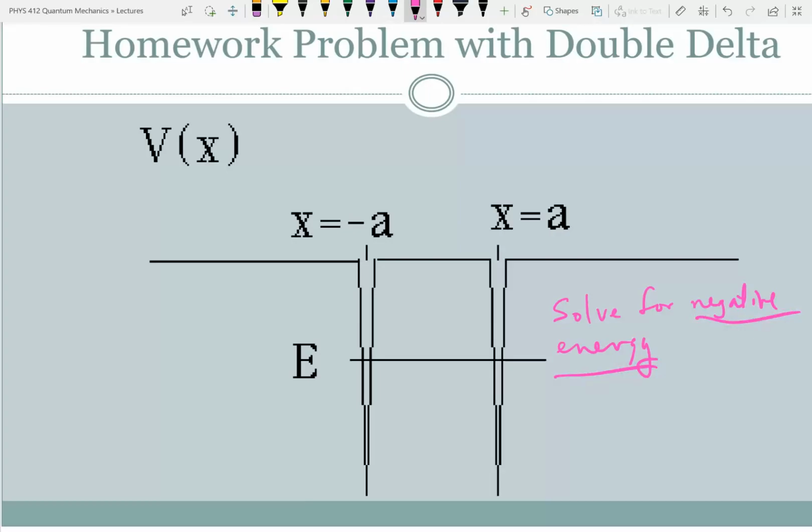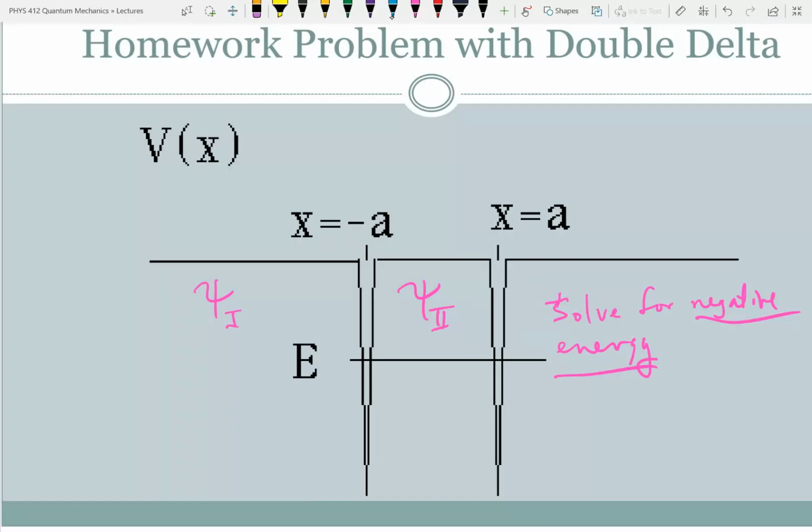What's different about this compared to the problem we just did? There's two, which means you have two boundaries and three distinct regions. So you're going to find the solution to the Schrodinger equation here, here, and here.